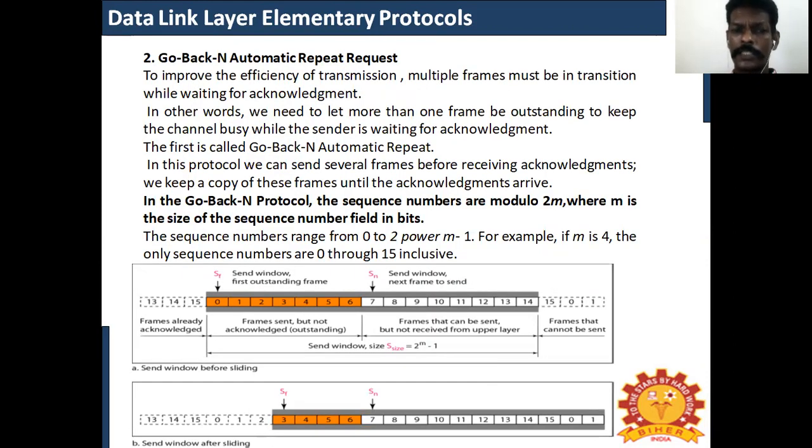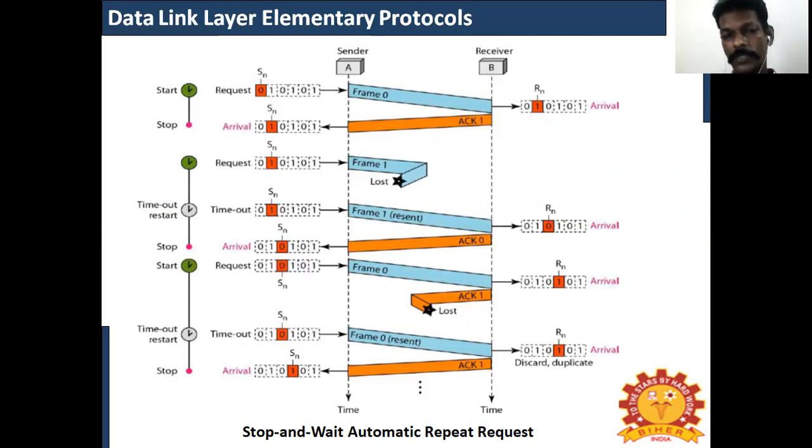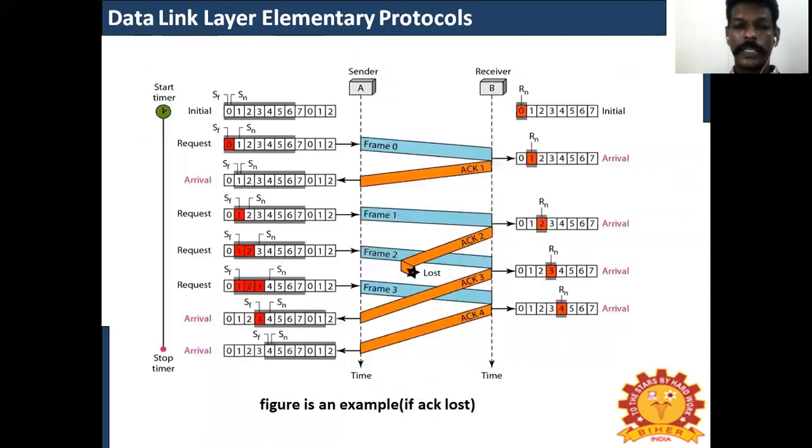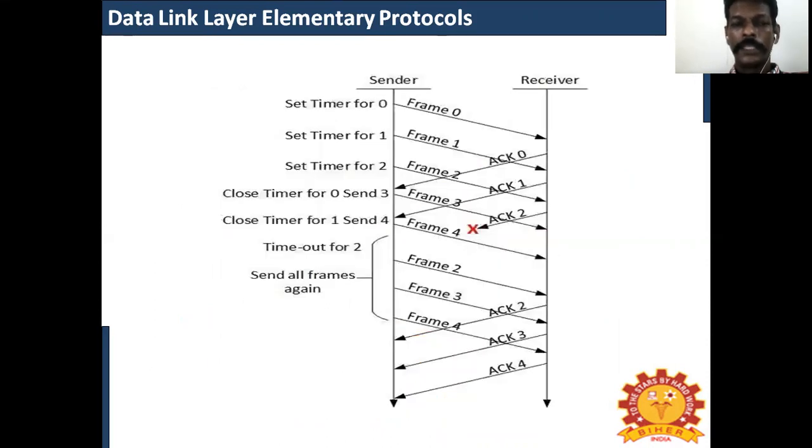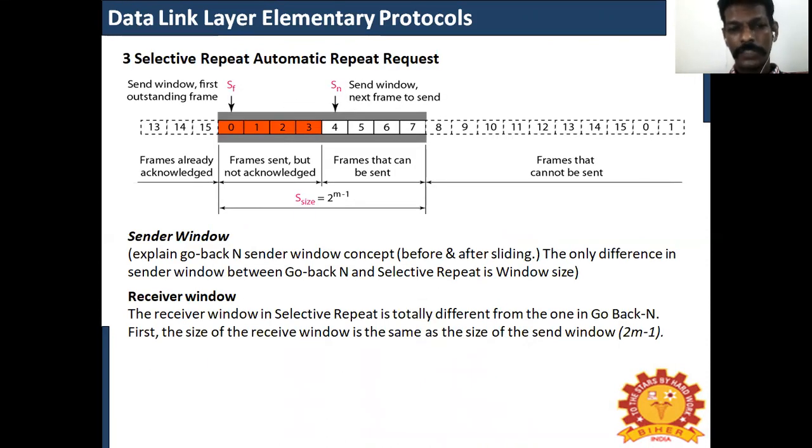The next one is where we set the window size. Here we can send n number of frames, but in the case of stop and wait, I can send only a single frame, while here we can send n number of frames at a time. So after getting the acknowledgement, we can send another frame. Here also, we set the window size.